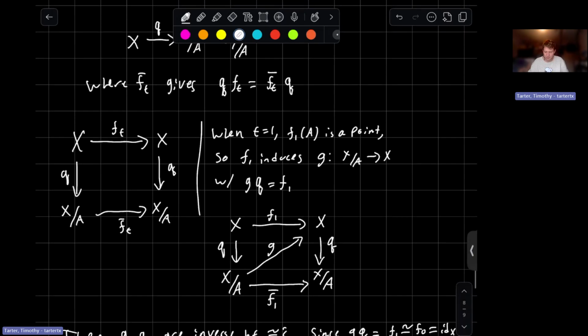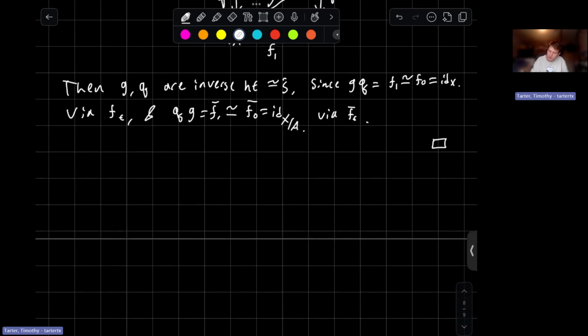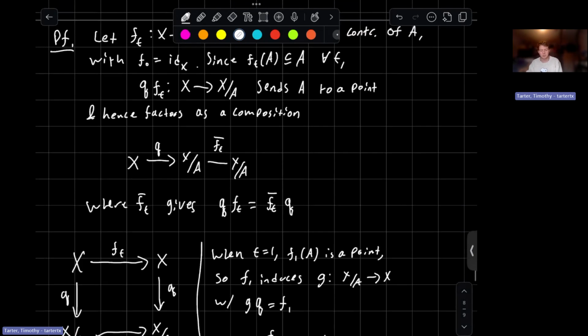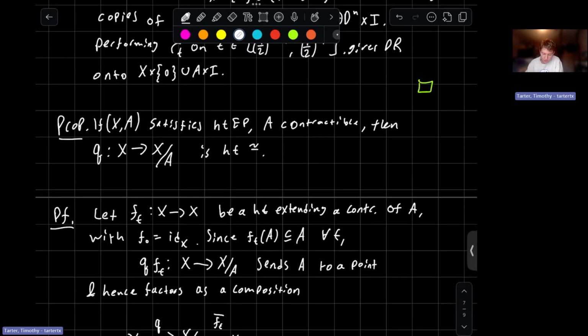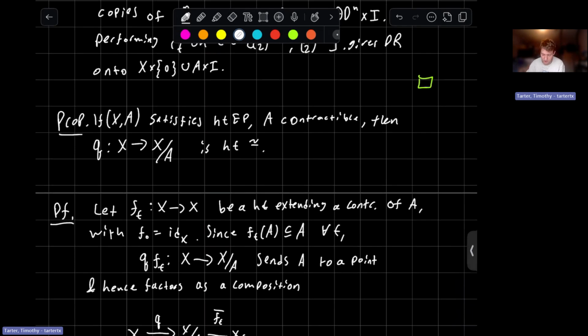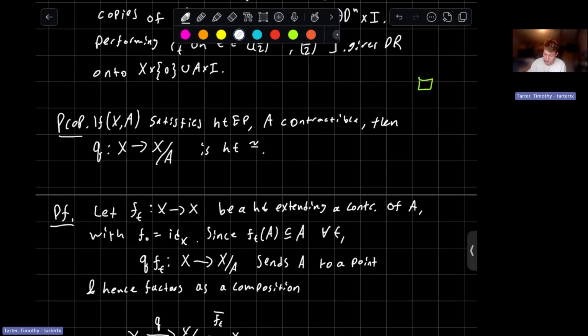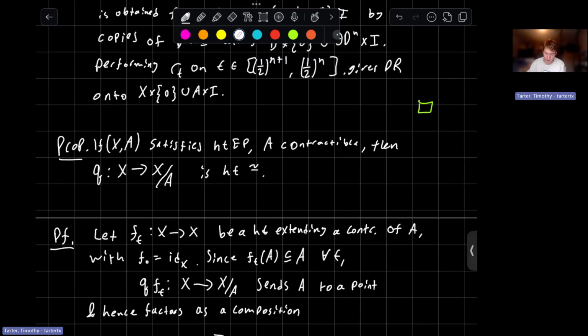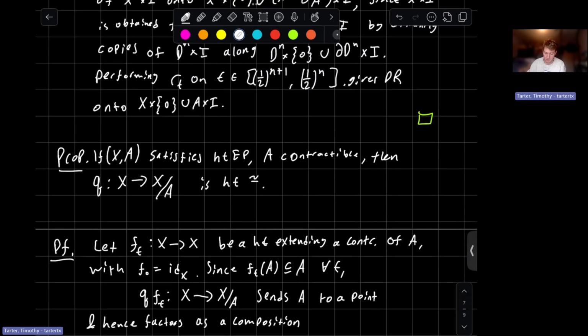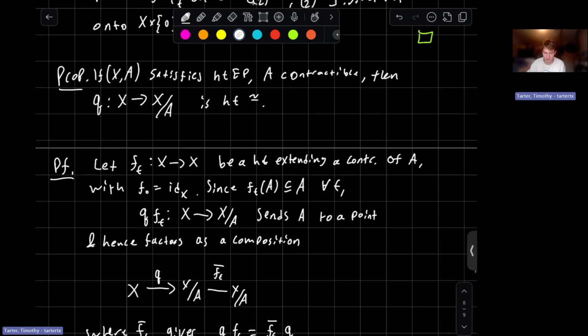Okay. I don't think I understand this proof. So we're trying to show that if a pair satisfies the homotopy extension property, and we have a contractible subspace, then the map into its quotient space is a homotopy equivalence.